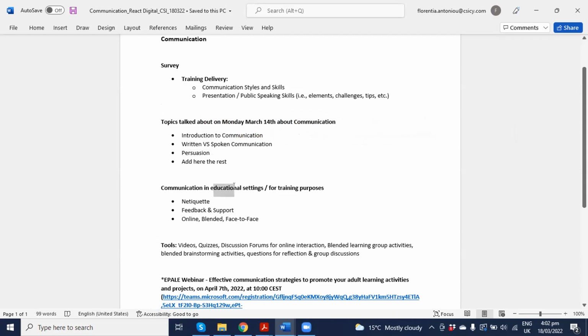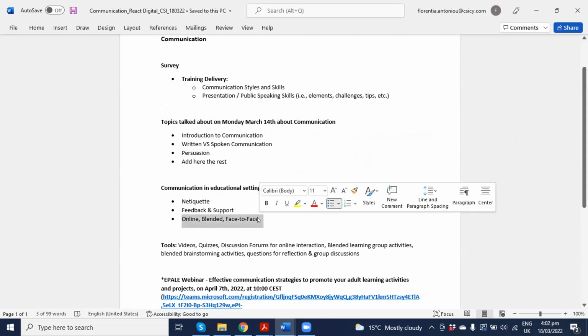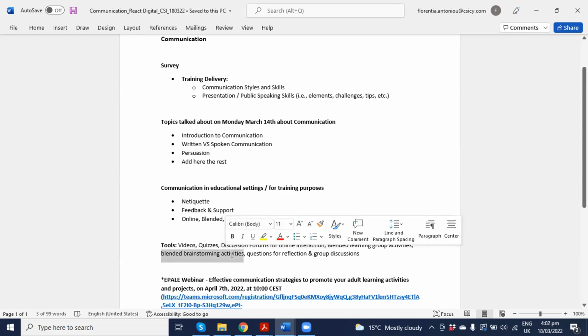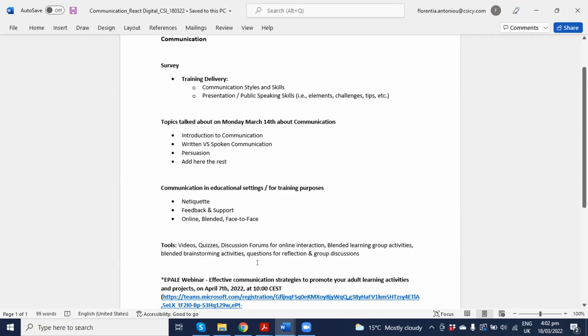And in educational settings, adequate feedback and comparing and contrasting online, blended, and face-to-face. For tools for the training, videos could be used, quizzes from the platform, discussion forums that could be used either synchronously or asynchronously, blended learning group activities, blended brainstorming activities, and questions for reflection and group discussions.